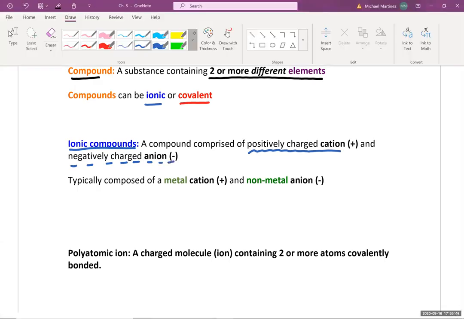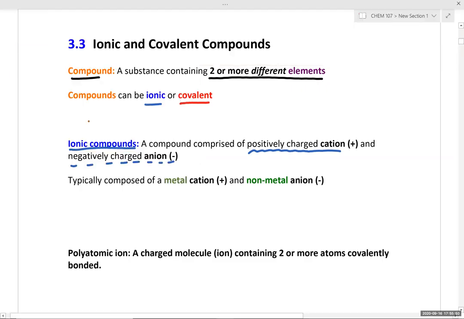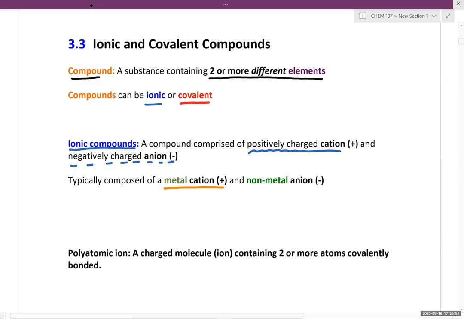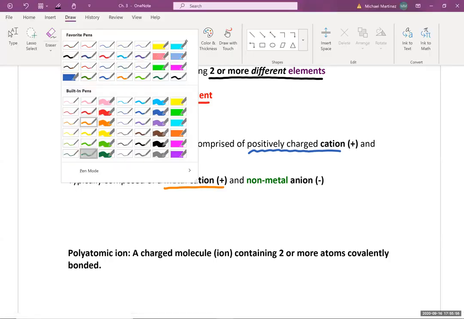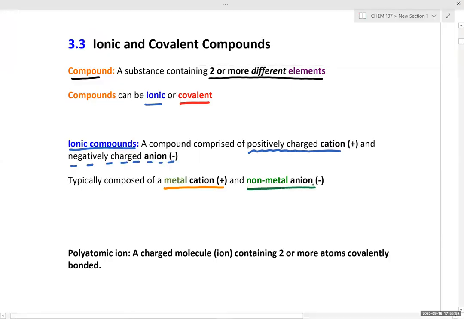What this essentially boils down to is most ionic compounds are composed of a metal cation and a non-metal anion.